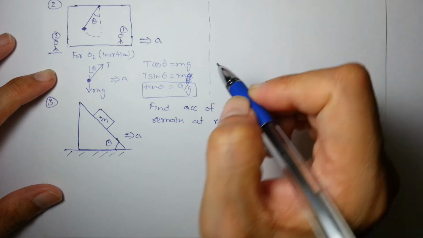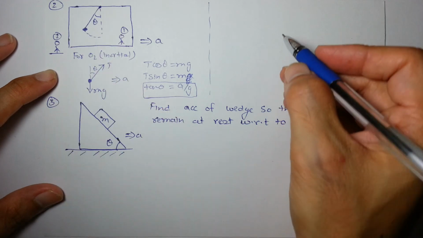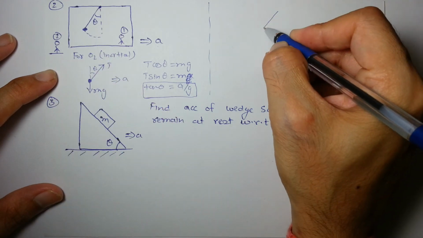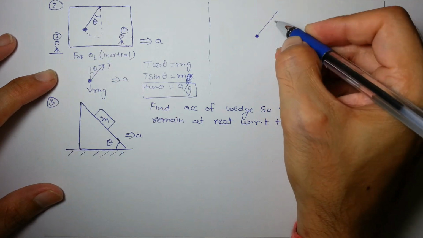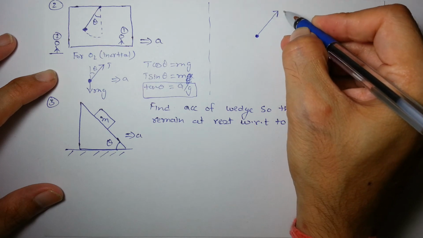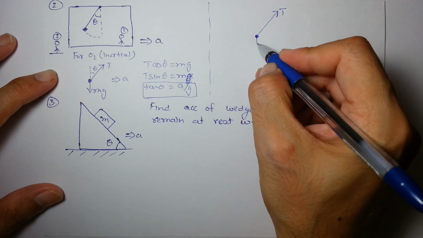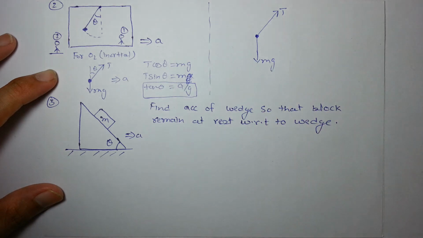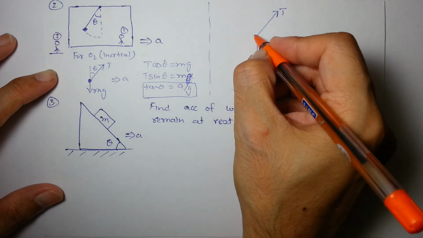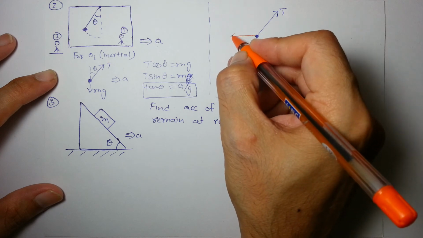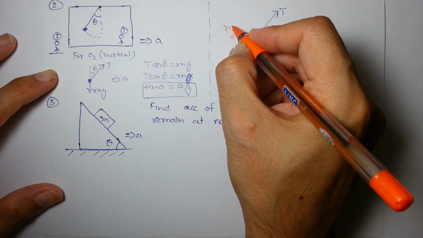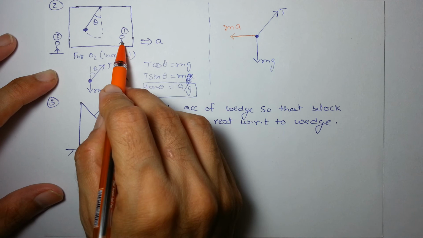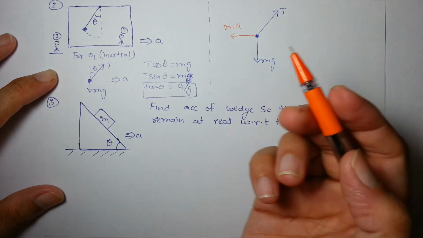Now let's see how observer 1 will explain this. Observer 1 knows that he is an accelerated observer whose acceleration is a. So in addition to these two forces, he will apply another force, which is a pseudo force, mass into the acceleration of observer 1, which is a itself.